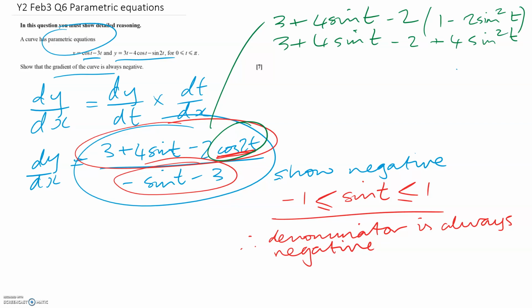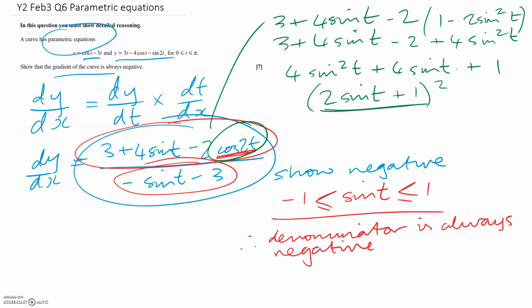Now this is looking promising. If we just write this in this order, that looks like it will factorize. I'm pretty sure it will factorize to give us this, which is good news, because whatever this equals, positive or negative, when you square it, it will make this always positive.